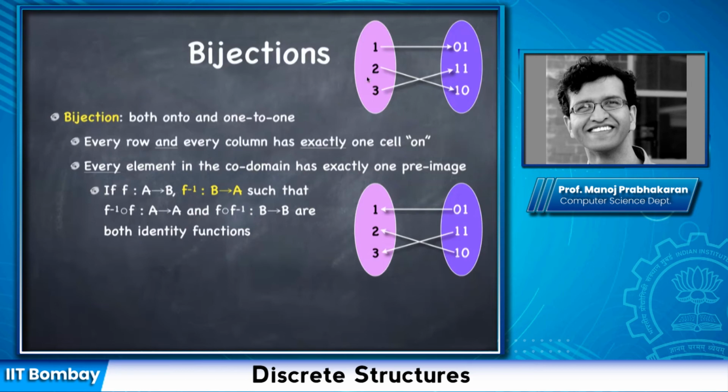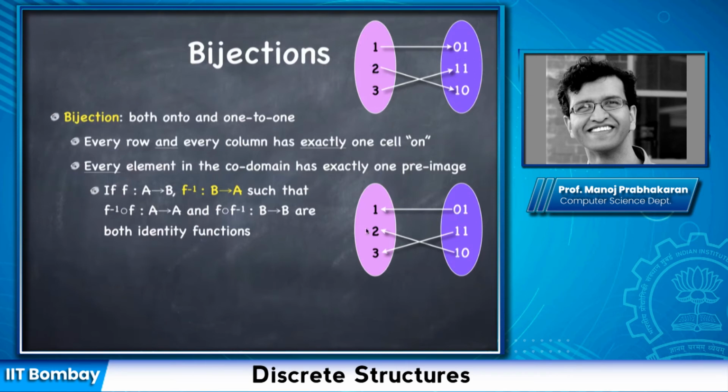If I did f inverse composed with f, first I do f, so I go from say 1 to 0, 1, and then I do f inverse, so I go from 0, 1 to 1. So in the composed function, I go from 1 back to 1, or from 2 back to 2.